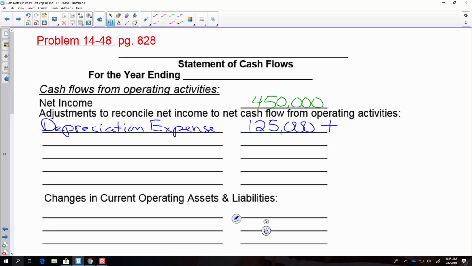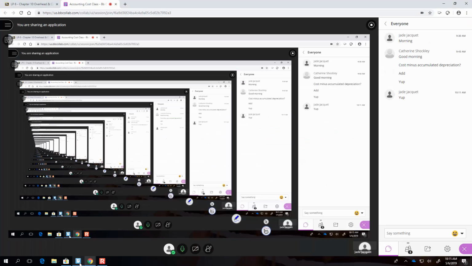Okay. What else goes in this section? Jade, what else goes in this section? From the income statement. Yeah, do we have amortization?